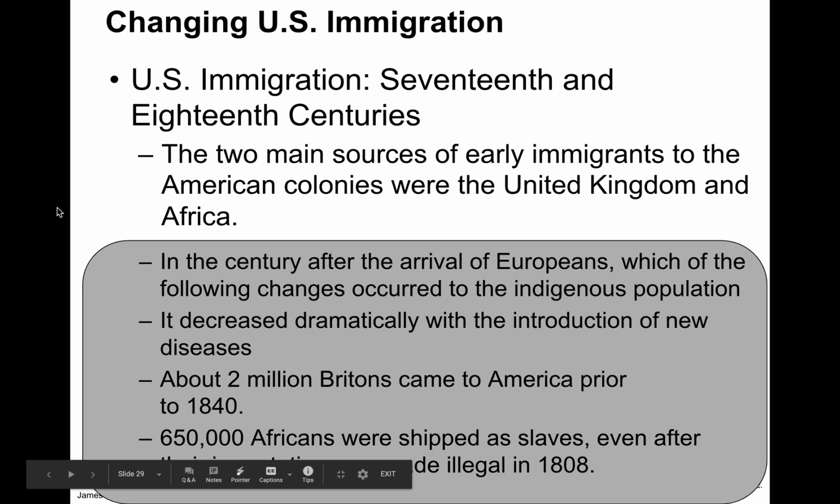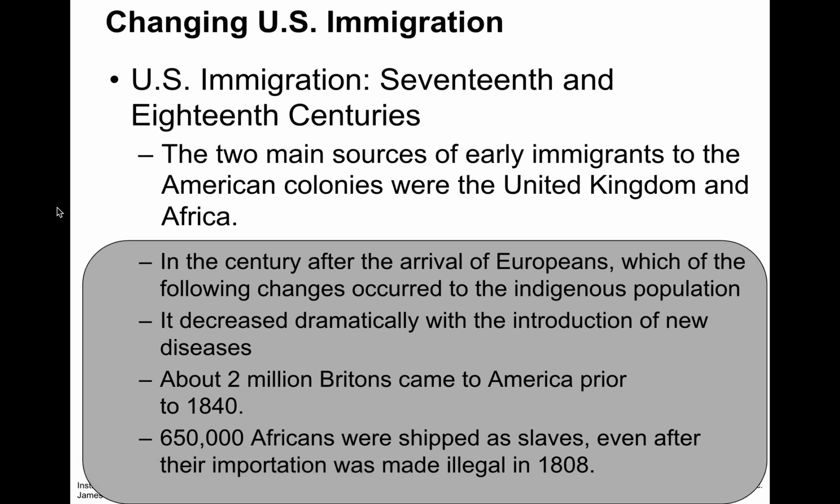U.S. immigration in the 17th and 18th century. Remember, as I mentioned, 90% came from Great Britain. So when we look at that effect, it affects our cultural landscape in many ways. With that came new diseases.